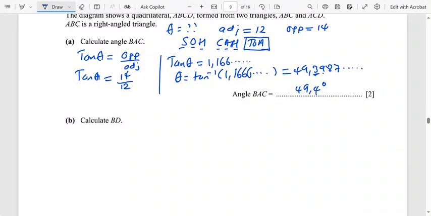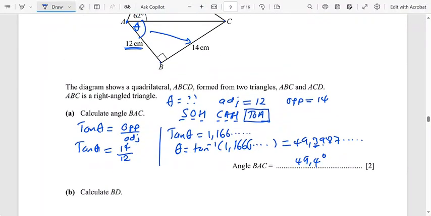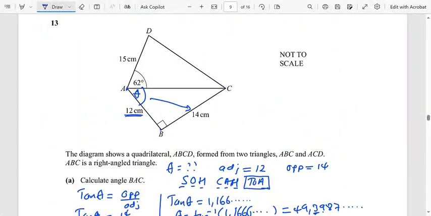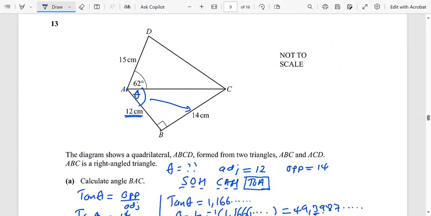Part B requires us to calculate BD. So we want to find the length BD. We want to find the length BD there. So the good thing is we have theta being 49.4.